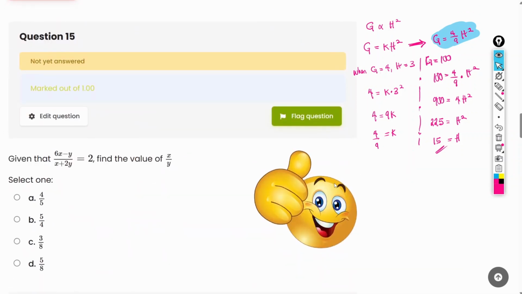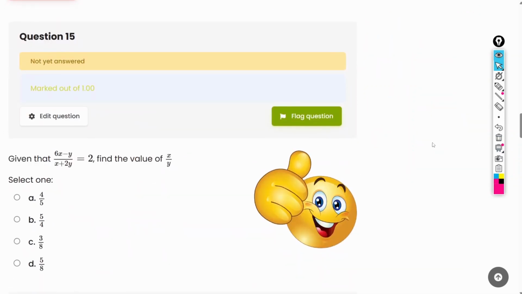Question 15 says we have this relationship and we are asked to solve for x over y. We have 6x minus y over x plus 2y is equal to 2. It's like change of subject of formula, but they're asking us for x over y instead.